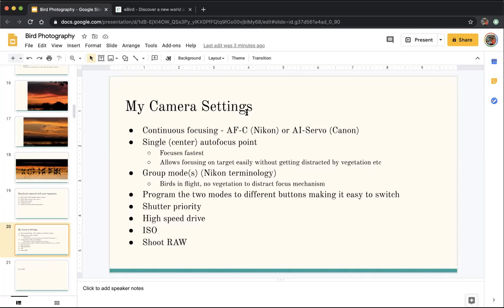Basically, if you think of the sensor, you can use different parts of the sensor depending on where the object of interest is. They have a certain number of elements on the sensor that are used for focusing.